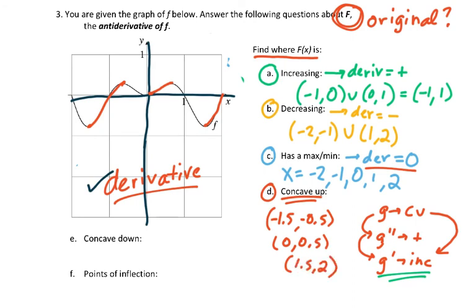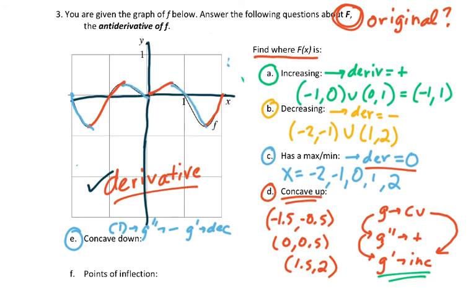Okay? That means, therefore, it's concave down where the second derivative is negative, which is where the first derivative is decreasing. So let's look at our graph and figure out where I'm decreasing. That's the blue parts, right? Here to here, here to here, and here to here.